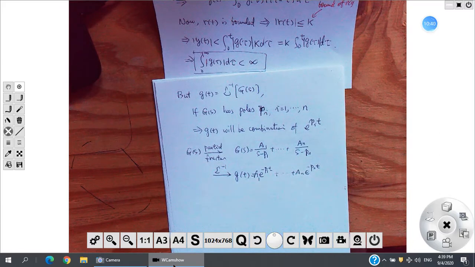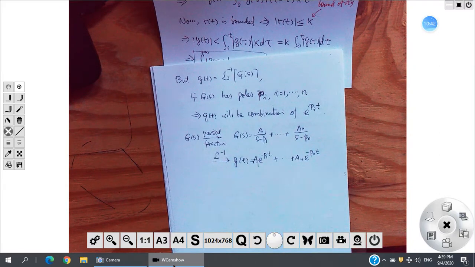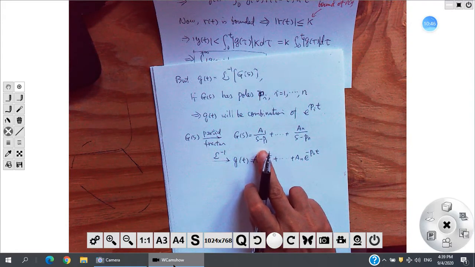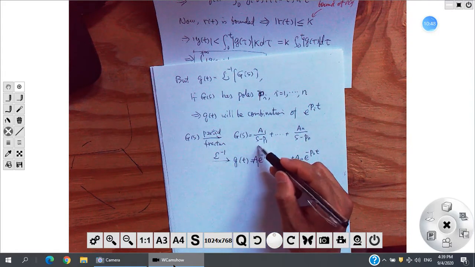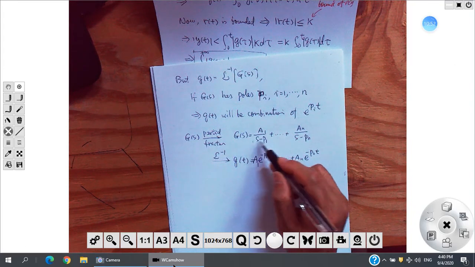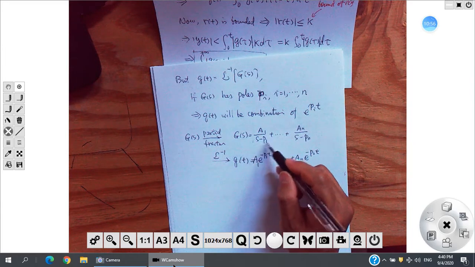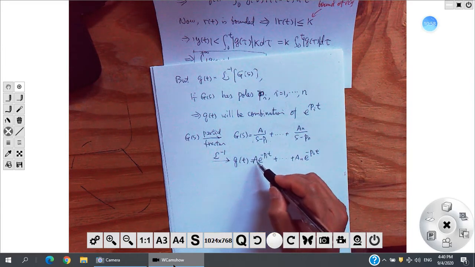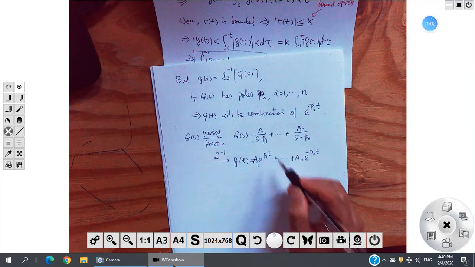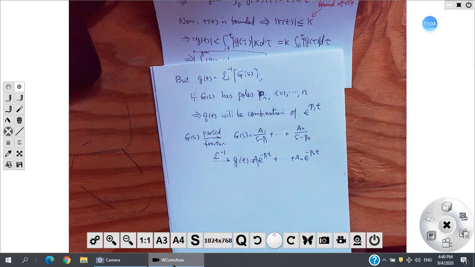If you have multiple roots, multiple poles, that means for some of them you have a square or cube on it, or even higher powers for some term. Then you will have some t times before the e to the negative p_i t. Right?